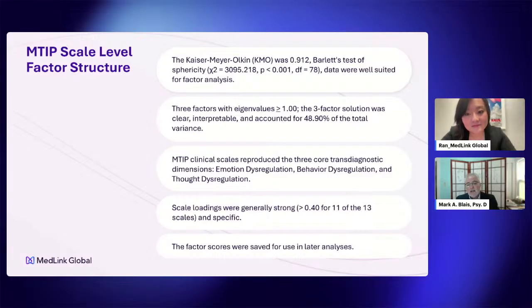The 13 MTIP scales reproduced the core transdiagnostic dimensions: emotional dysregulation, behavioral dysregulation, and thought dysregulation, as we expected, and scale loadings were generally strong, greater than 0.40 for 11 of the 13 scales, and specific. We had only one cross-loading among the scales. We saved the factor scores for analysis that I'll talk about later.